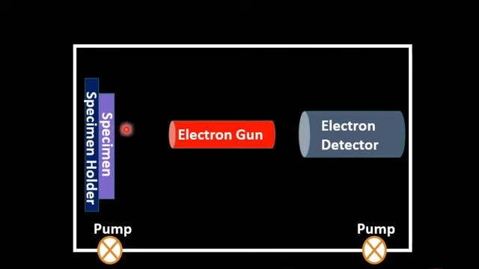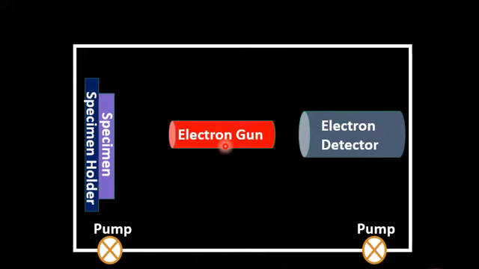When the stream of electrons is incident onto the surface, the Auger electrons in a penetration depth of 3 to 10 nanometer are emitted from the specimen surface, and these emitted Auger electrons are detected by an electron detector. The most commonly used electron detector in Auger electron spectroscope is known as CMA analyzer or cylindrical mirror analyzer.